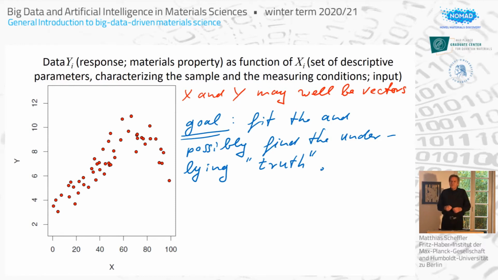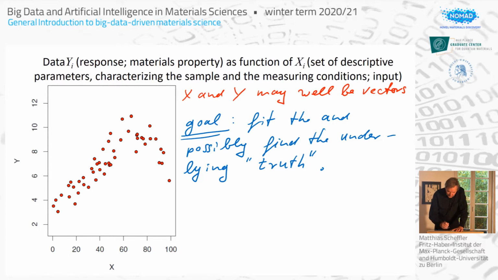In principle, we want to fit in a way that the fit provides us information about not existing data points, so like interpolation, but also extrapolation. And the ultimate goal of science is in finding the reason, what drives the data, what is the truth, what is the mechanism behind them.